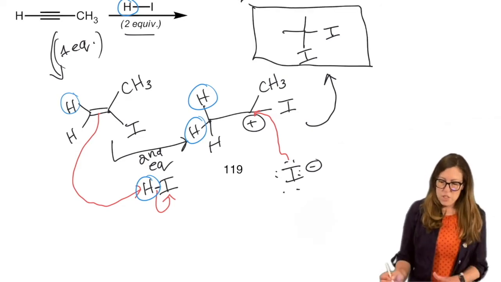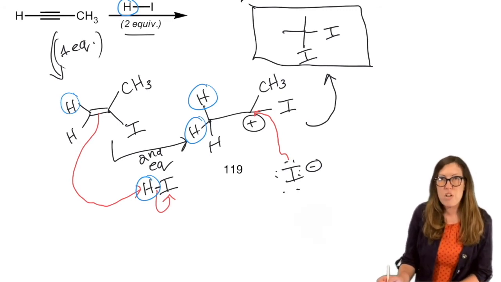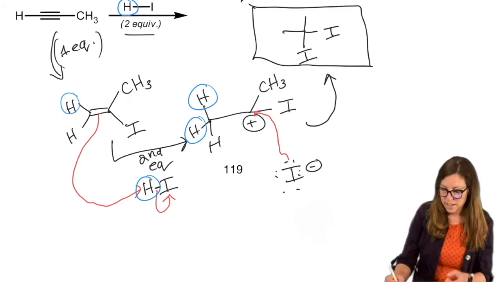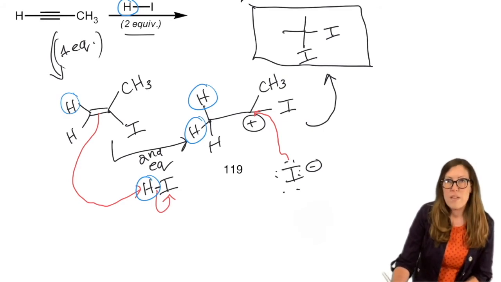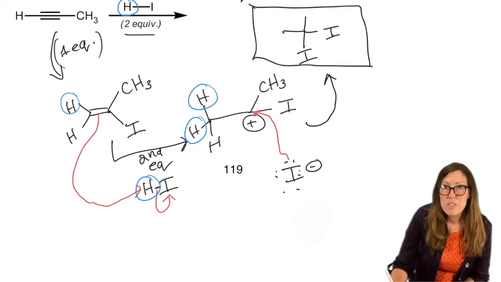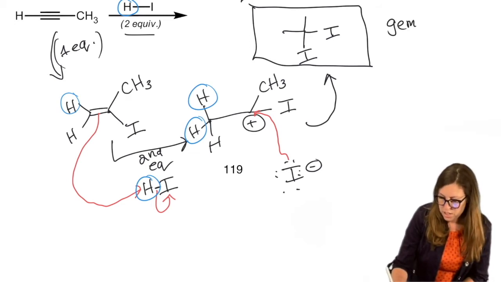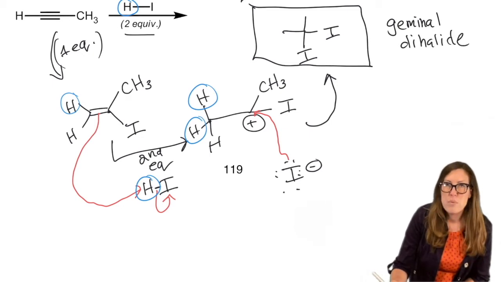So how would we describe this particular product? We could say from an alkyne, if we had two equivalents of HX, we can arrive at a geminal dihalide. Geminal means sharing the carbon, derived from the root Twins, Gemini, they share the same parent carbon.